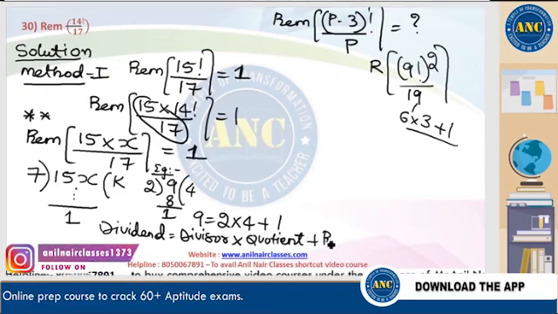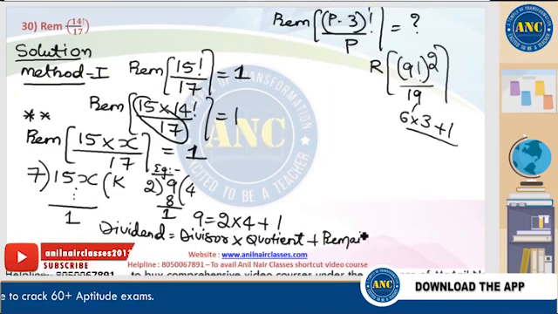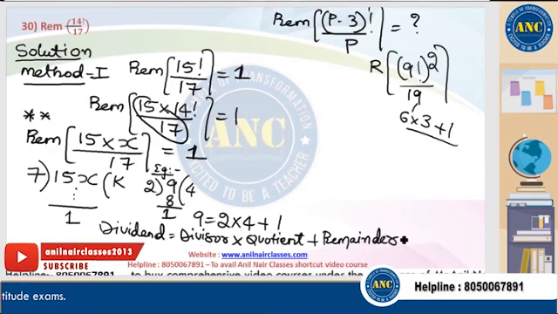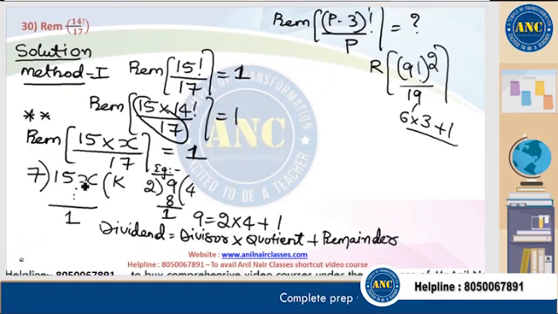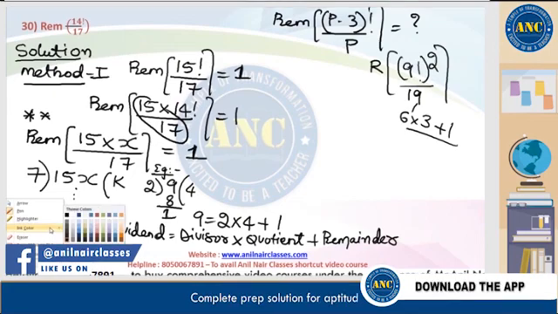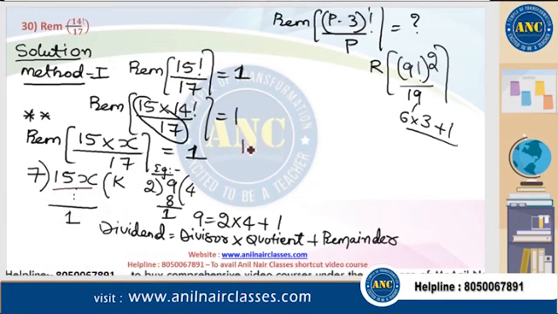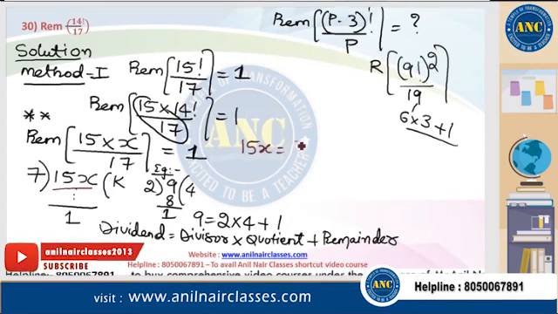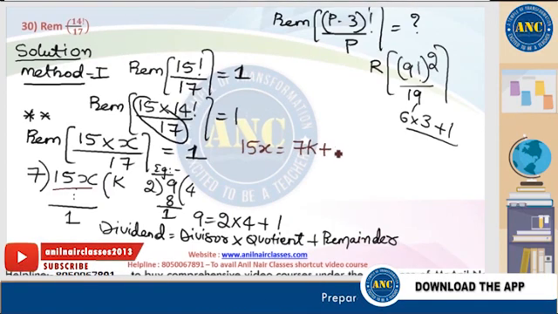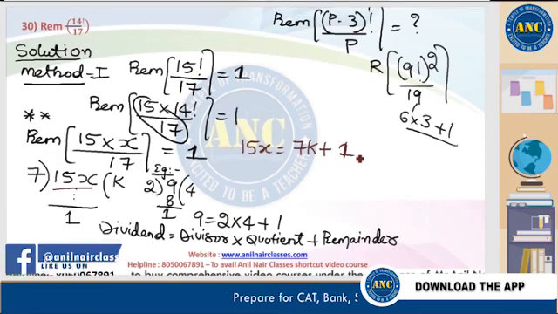This is the concept which I am going to use here. Dividend is nothing but divisor into quotient plus remainder. Here the dividend is 15x. Till here I hope it is clear.